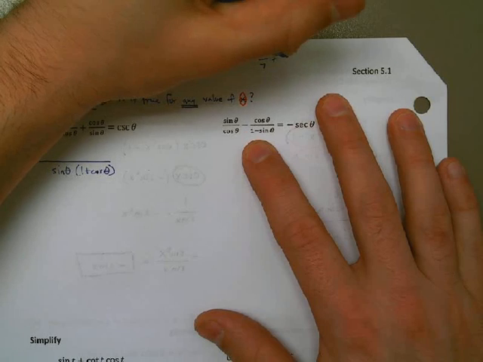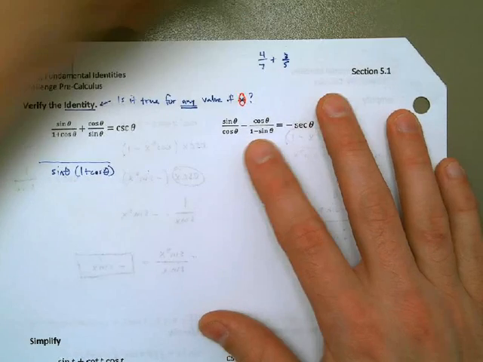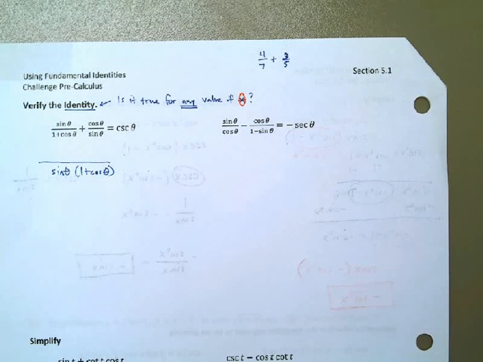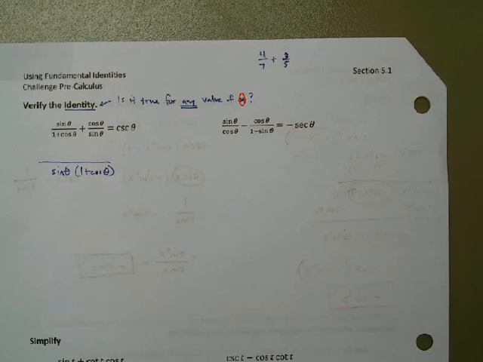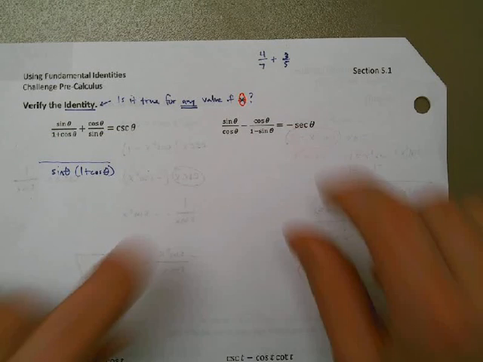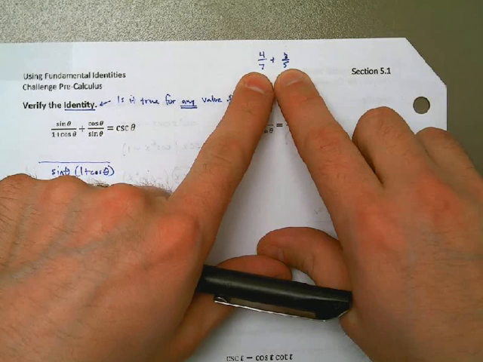Now the nice thing is this. If you remember, sine squared plus cosine squared, well, I have an identity for that, right? I know that sine squared theta plus cosine squared theta is equal to 1. So I'm going to take this sine squared and cosine squared out and replace them with 1.